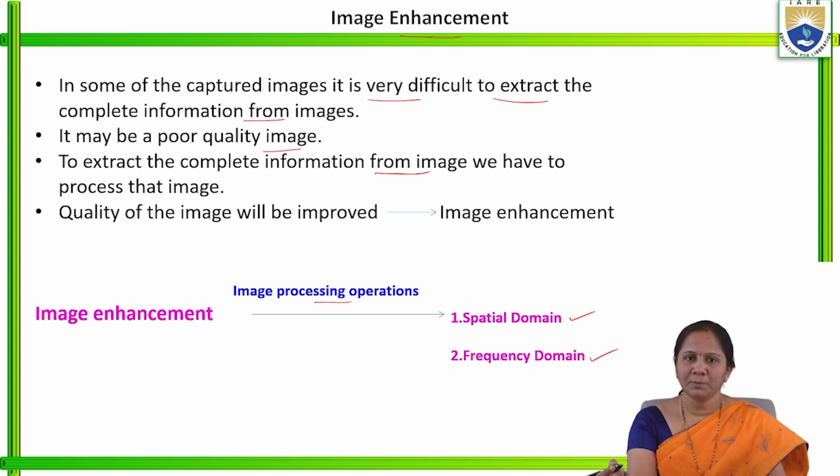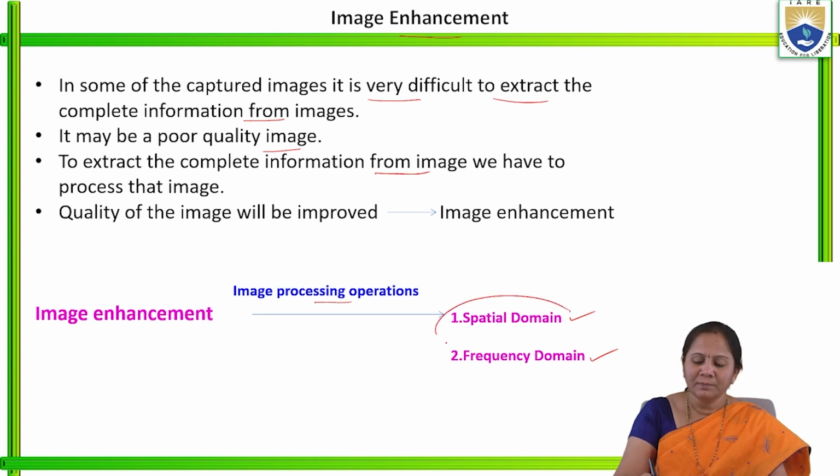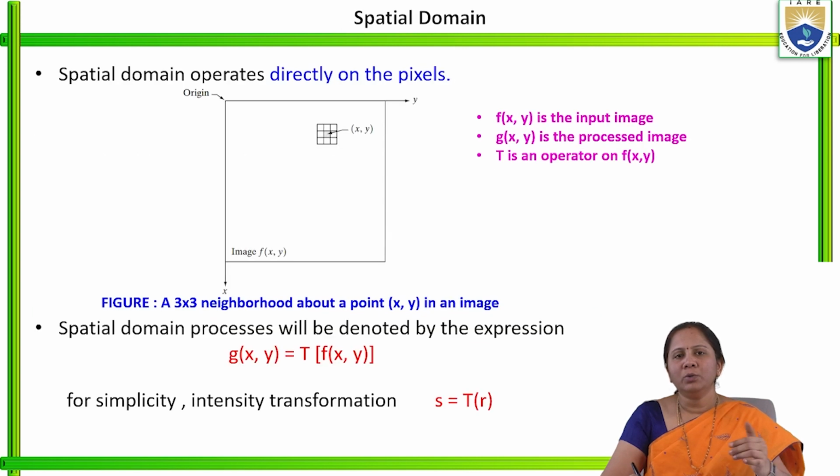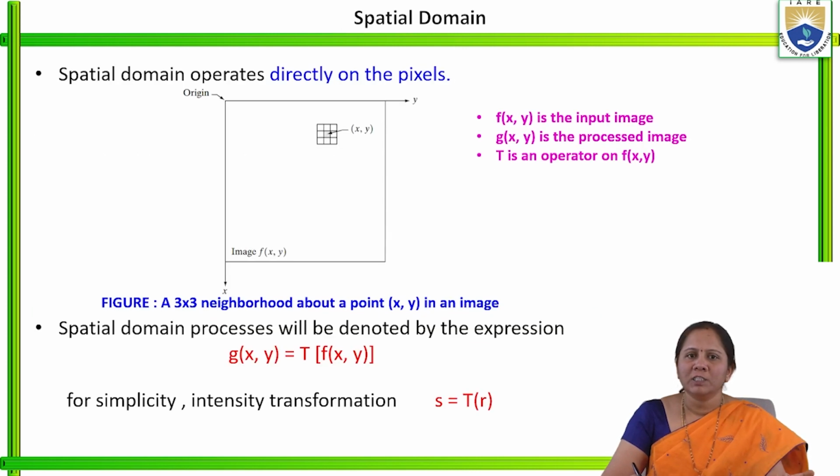That means image enhancement in spatial domain and image enhancement in frequency domain also. First, let us learn how image enhancement is done in spatial domain. We need to know what is meant by spatial domain, and what is the basic difference between spatial domain and frequency domain.